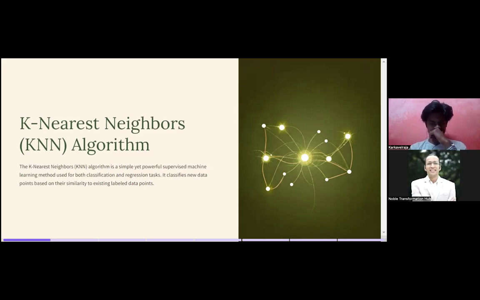It classifies a new data point based on the similarity to existing labeled data points. So it will try to find the nearest neighbor ultimately. That is the real behavior of k nearest neighbor. It has limitations, guys, and it has good advantages and disadvantages, which we will go into in more depth.